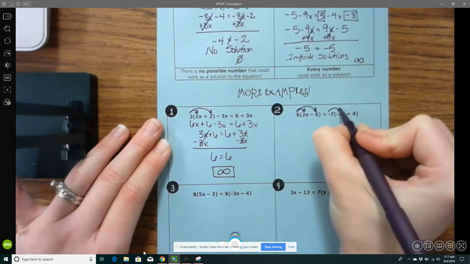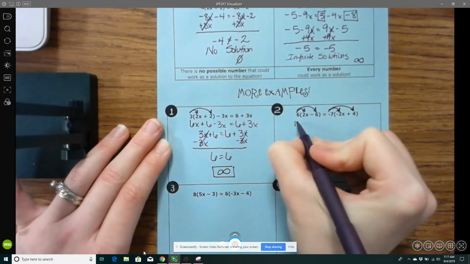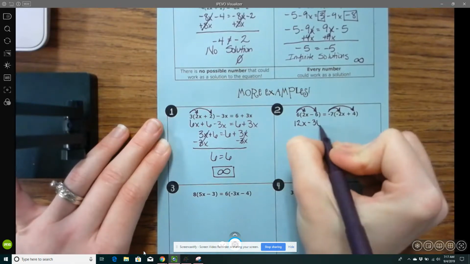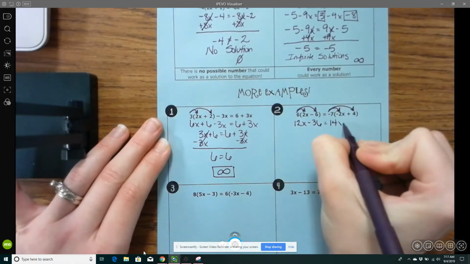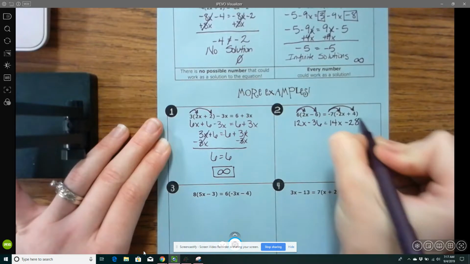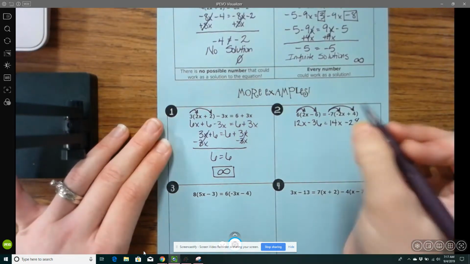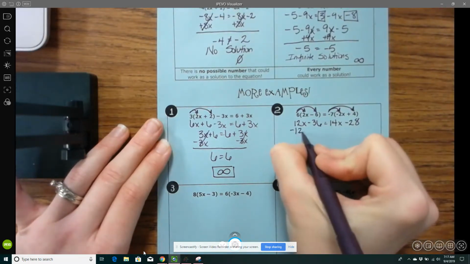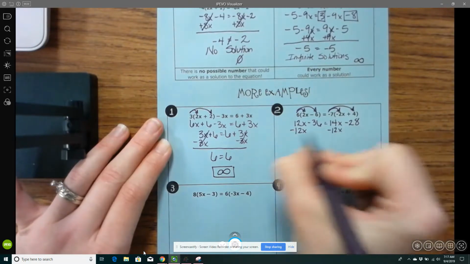All right, so here's another example. So we've got to distribute everything out first. So 12x minus 36, 14x minus 28. So I always move the smaller of the variables.